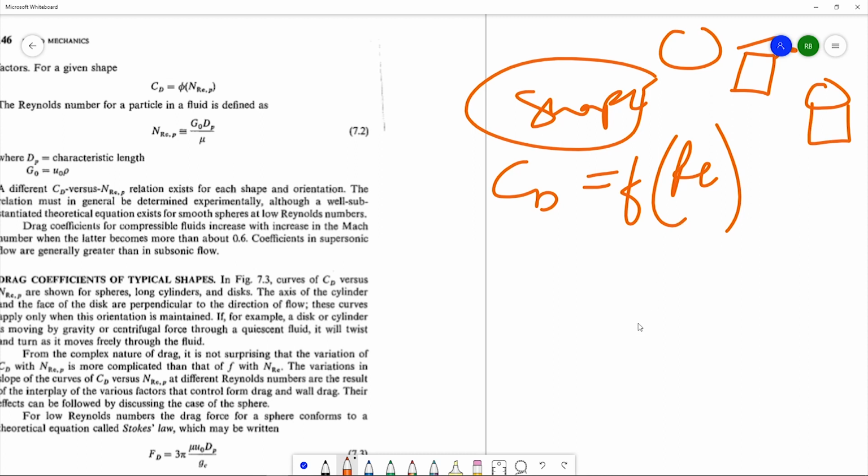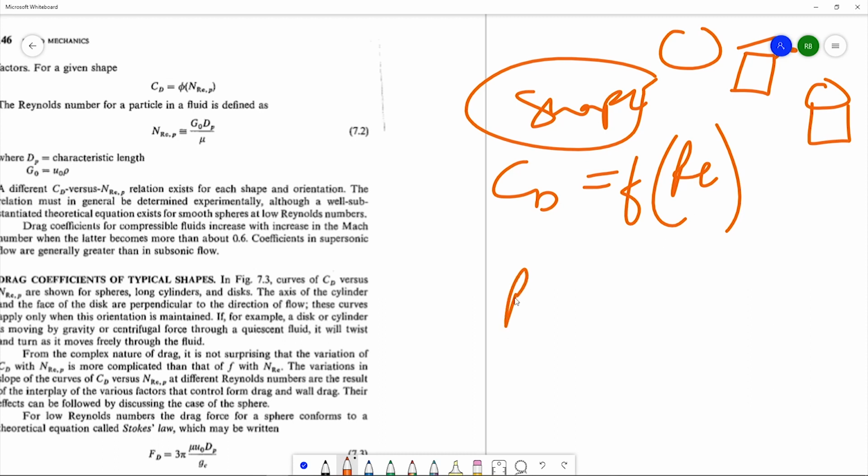If you have a high velocity fluid, then obviously more energy. So by Newton's third law, the opposing force will also be high. For high velocities, you'll have higher drag force. For lower velocities, you'll have lower drag force. So it is kind of directly proportional.